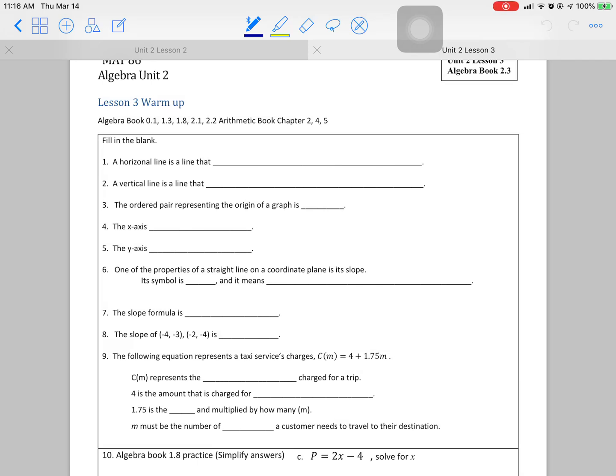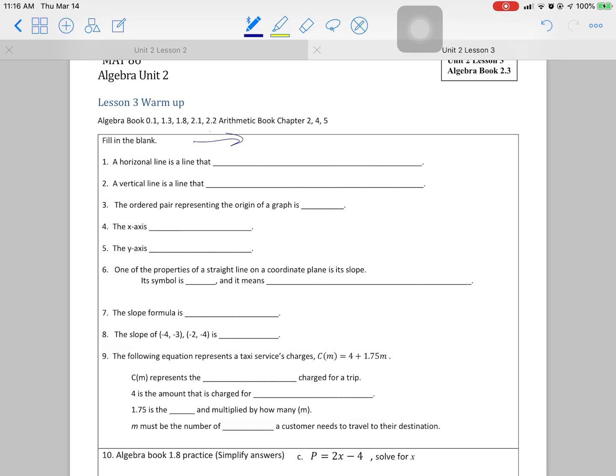All right, Unit 2, Lesson 3, Warm-Up. Looks a little different. There's a little terminology we want to make sure we have down for stuff that's been going on. Basically, for this one, I'm looking for a definition of horizontal. How would you describe something that goes horizontal?